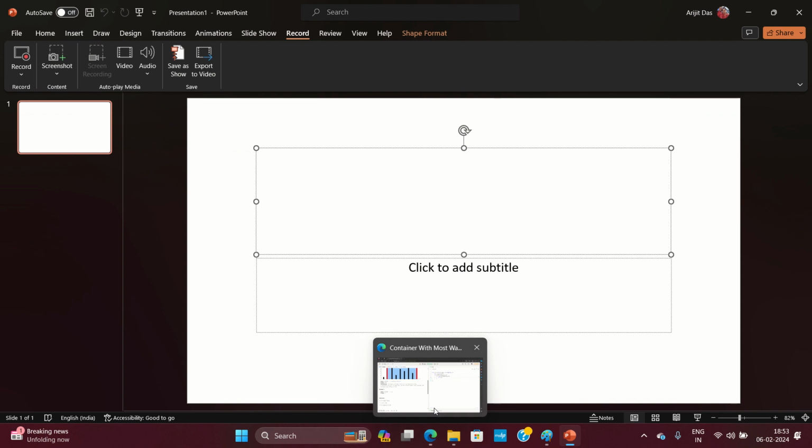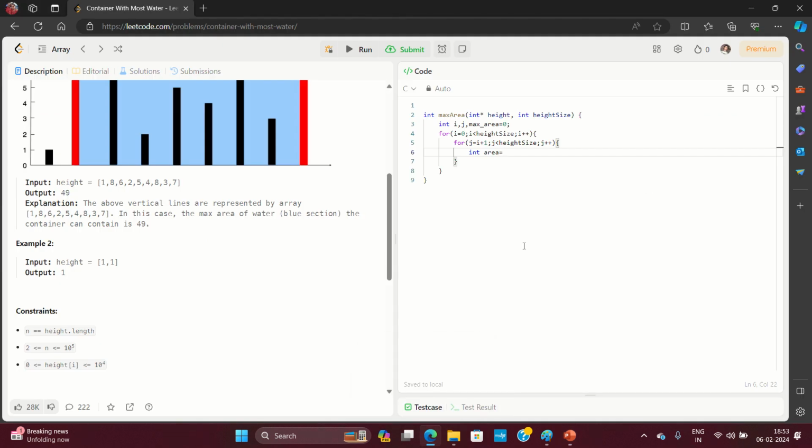The base is j minus i, into the minimum of the two heights, so I'm using a function called min, the minimum of height of i and height of j. I'm writing this min function above.